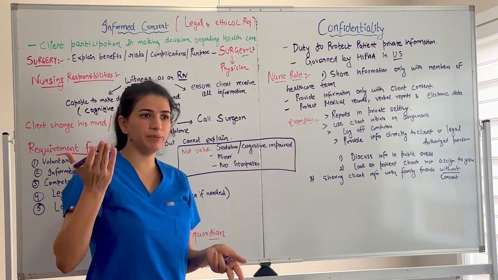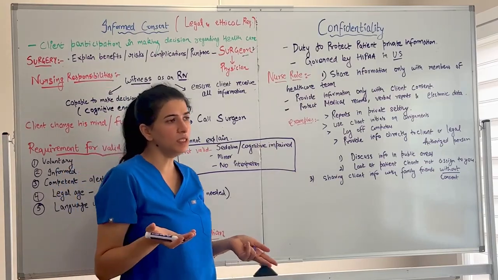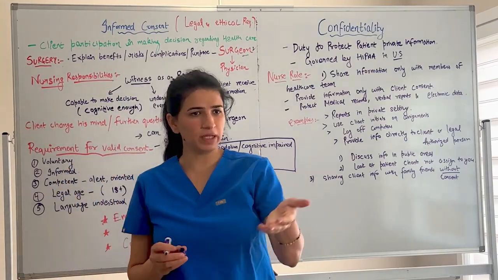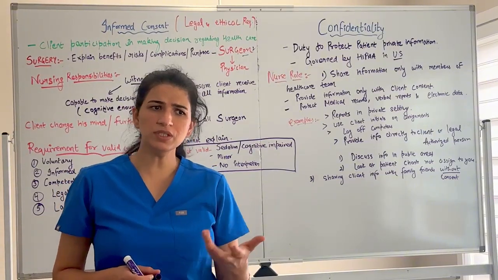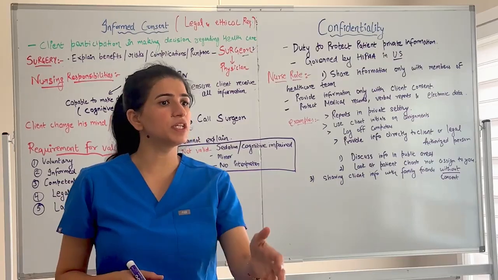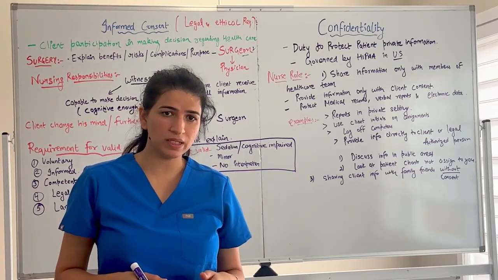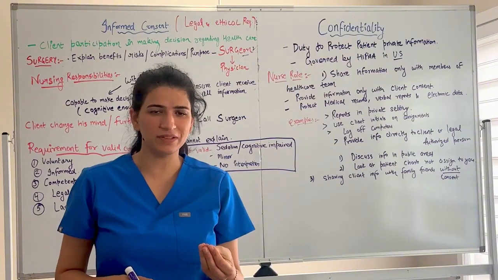Verbal or written, it depends on what kind of procedure it is, right? For example, if I'm taking one of my clients with me right now and I'm taking his blood pressure, I simply take verbal consent. Is it okay for you, Mr. X, if I take your blood pressure right now from your right arm? This is what we call verbal consent, but you still have to take it, right?